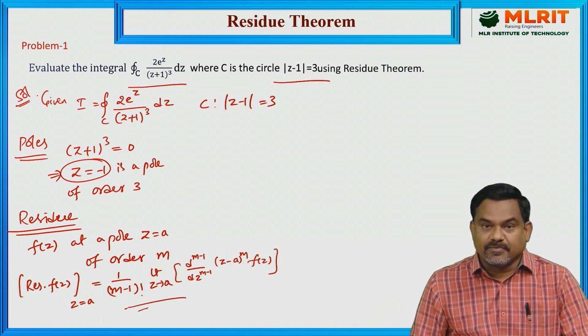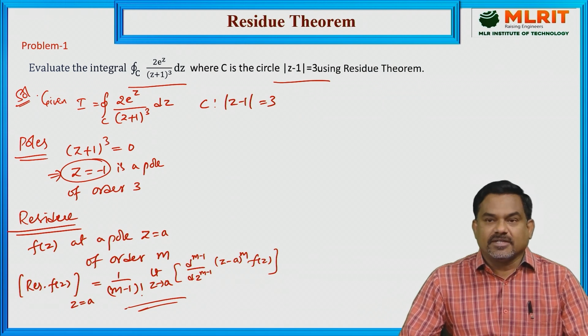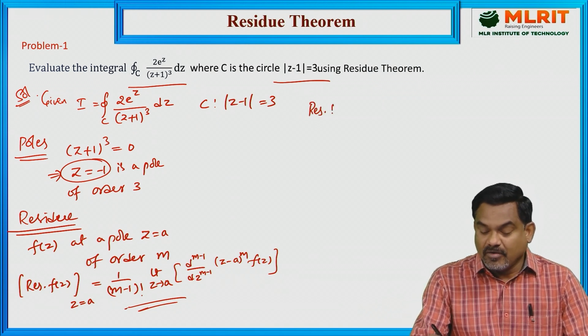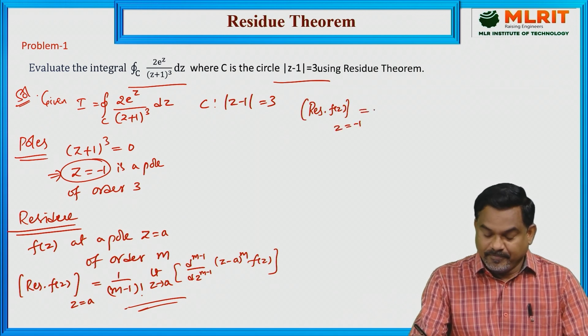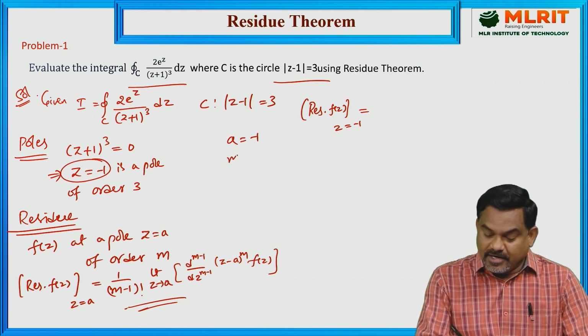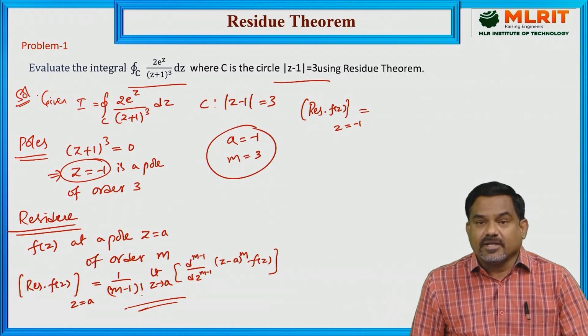So, using this formula we can find the residue of the given function at the pole. So, the residue of f at the pole z equal to minus 1: here a equal to minus 1 and m equal to 3, because the pole is repeated 3 times. It is of order 3.